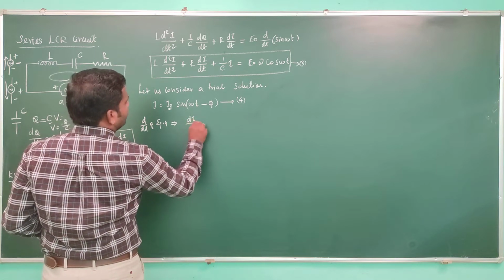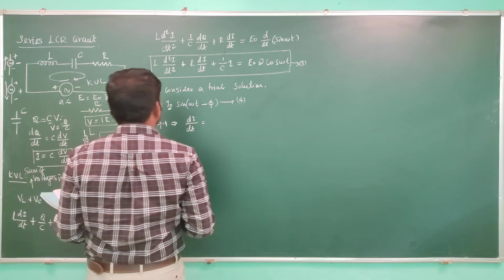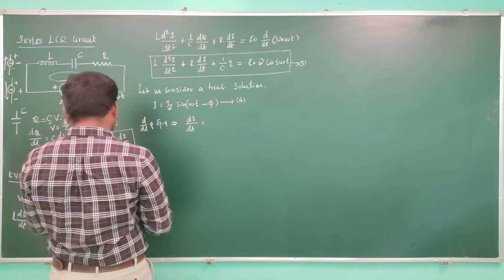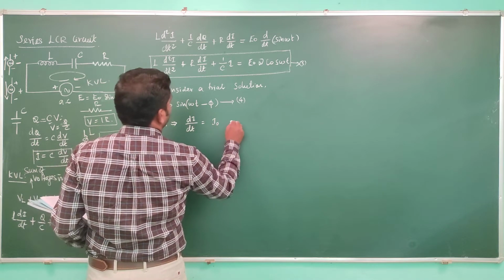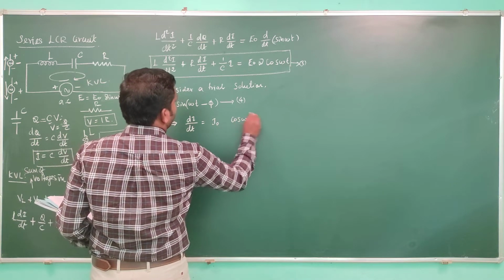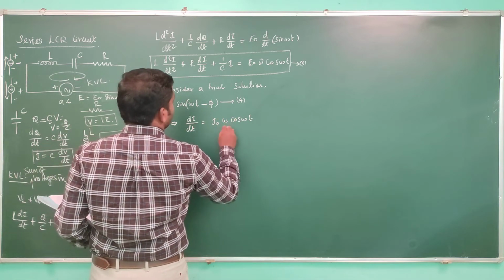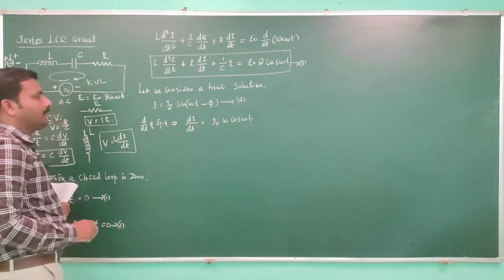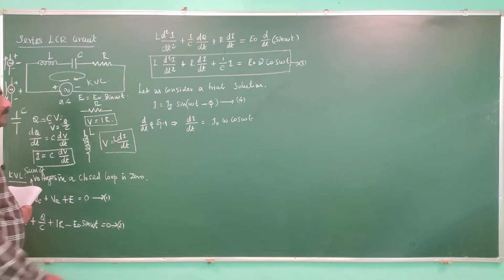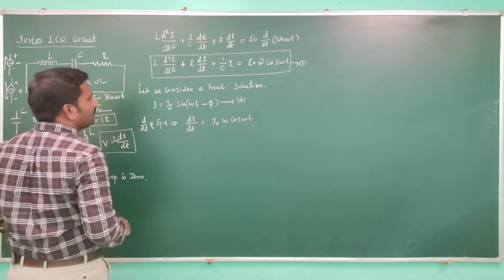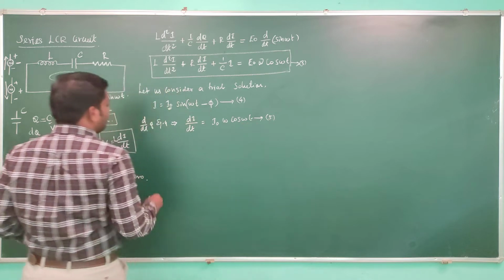So what we get, dI by dt, is I naught omega cos(omega t minus phi); phi is a constant, so its derivative becomes 0. So I naught omega cos(omega t minus phi) will be the first order derivative of the solution. This is equation number 5.